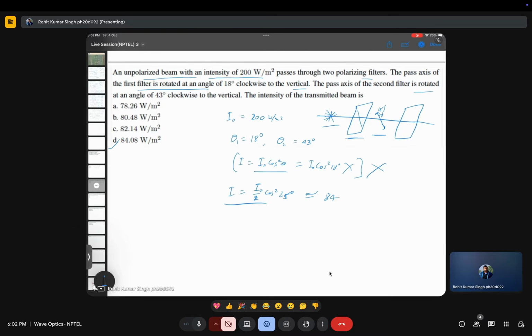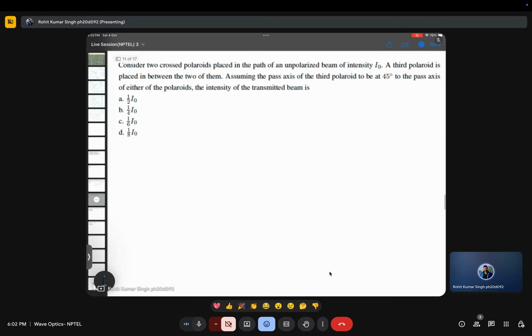Okay, now let's go to the second one, on the same concept. So there are two crossed polaroids placed in the path of an unpolarized beam of intensity I naught. So again you have unpolarized light of intensity I naught, and there are two polaroids which are put like this, and then a third polaroid is placed between the two of them.